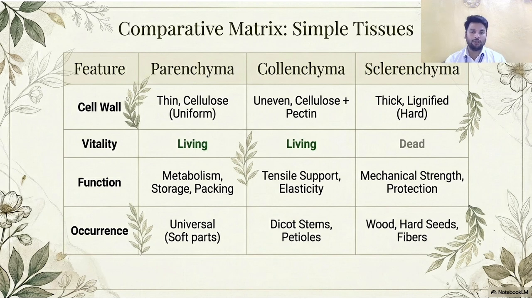The collenchyma functions include providing tensile support and elasticity in a particular tissue, and sclerenchyma provides mechanical strength and also protects from different injuries. Then for occurrence: parenchyma is found universally in soft parts. Collenchyma is mainly found in dicot stems and petioles. Sclerenchyma is mainly found in wood, hard seeds, and fibers.